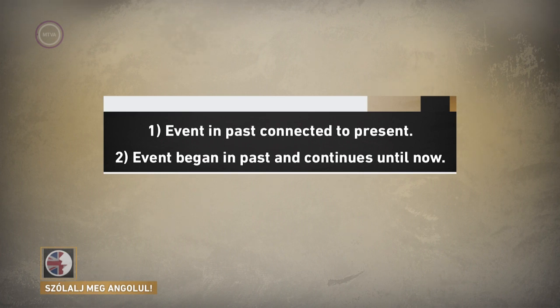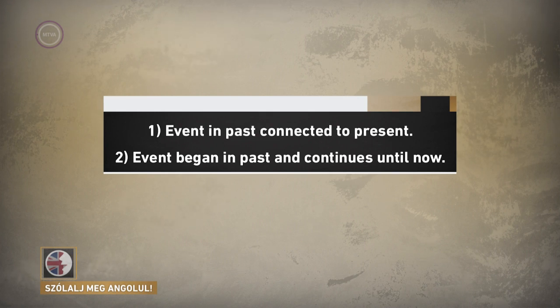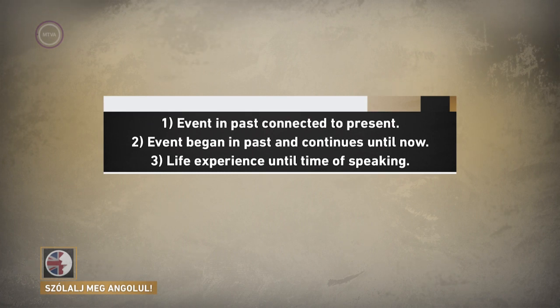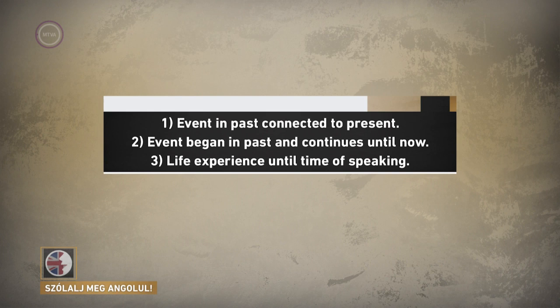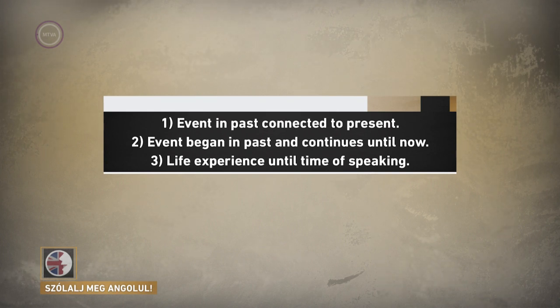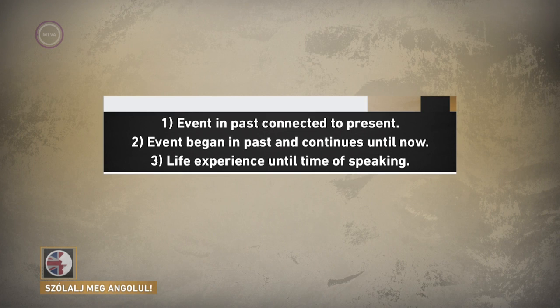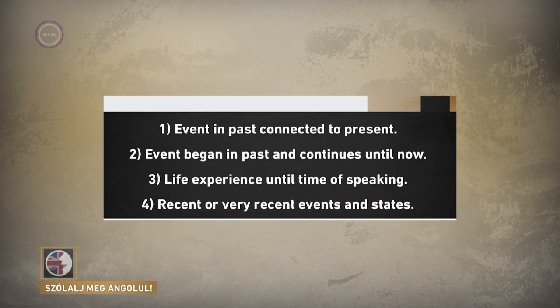We use the present perfect to talk about life experience until the time of speaking, and we often see the words ever and never with this one. Number 3, life experience until time of speaking. And we use the present perfect with recent or very recent events or states. And here we often see the words already, still, yet, and just. Number 4, recent or very recent events and states.